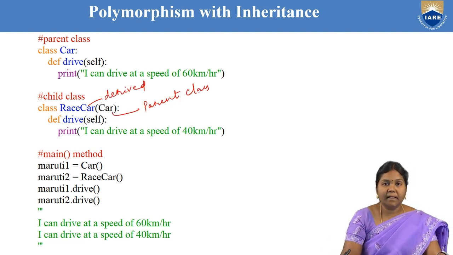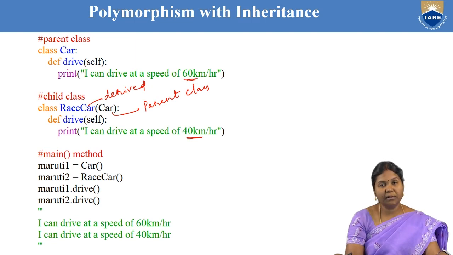Inside the child class also, the name of the method is drive. That means the same name can be used in both places. And the output, I can drive at a speed of 40 km per hour, is written. So, it is using the inheritance concept. It is also using the polymorphism concept, where the same method name is used in both the parent class and the child class.